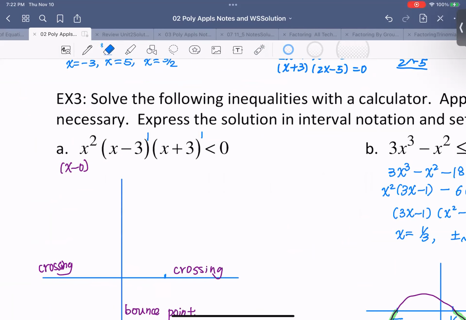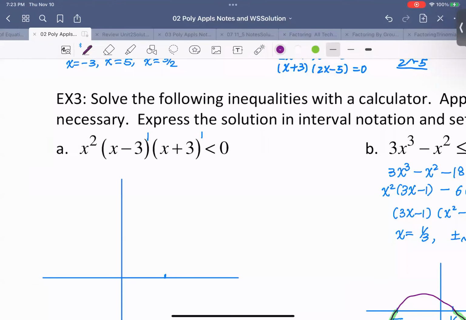Valeria, let's do this one together. What are those root positions? 0, 3, and negative 3.